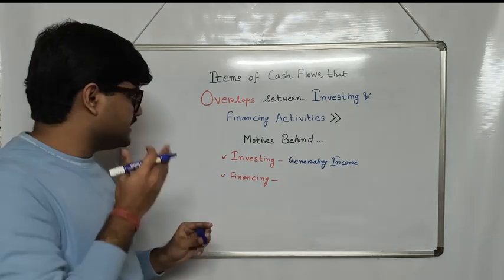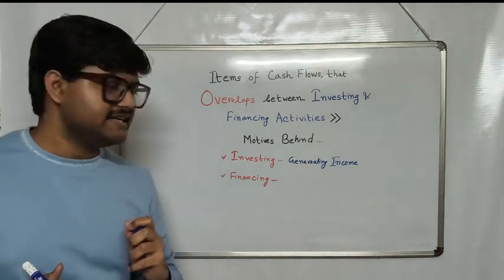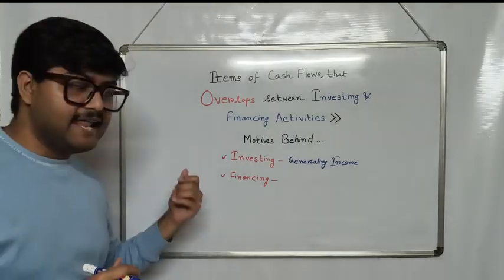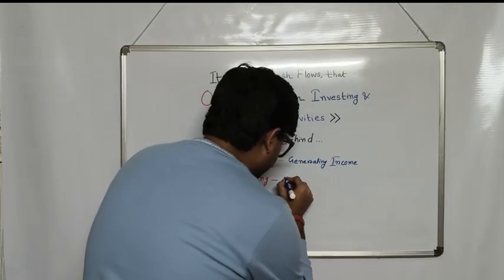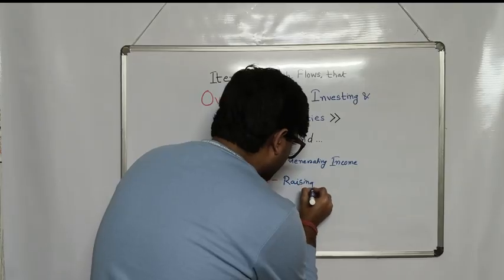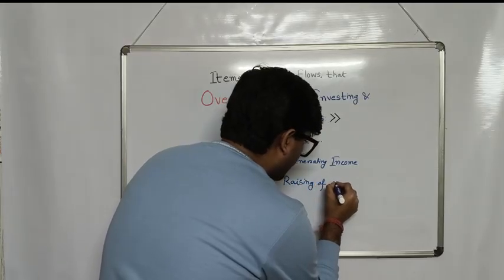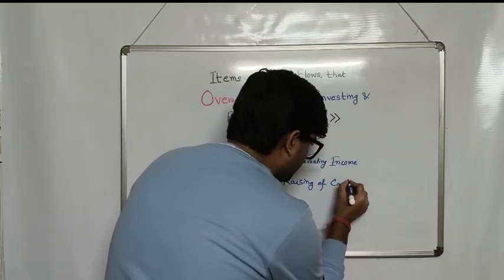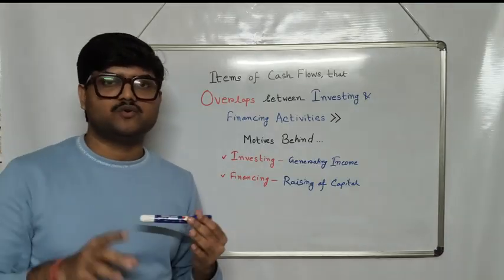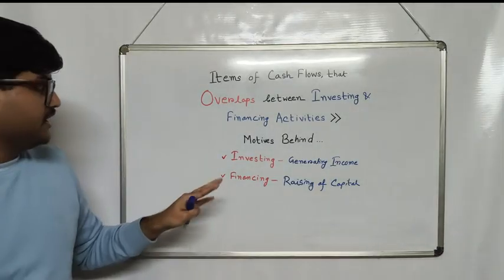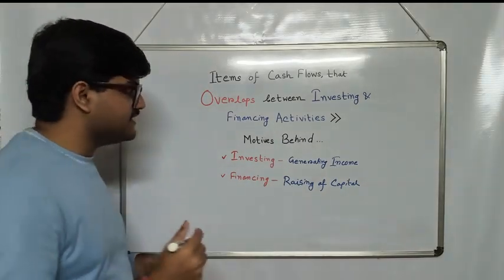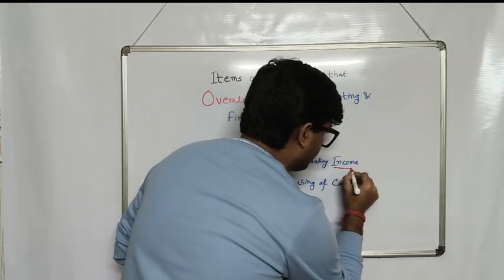But in case of financing activities, we will be thinking about only those activities that will help in raising or formation of capital. Okay, so this is the very important thing to understand, that when we are thinking about investing activities, our primary motive is generating income.